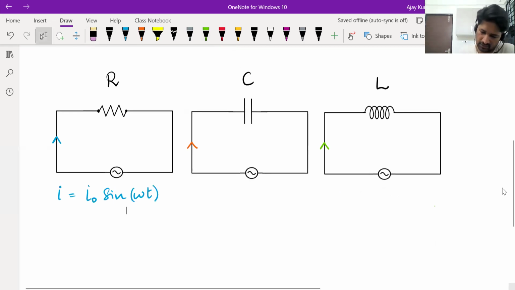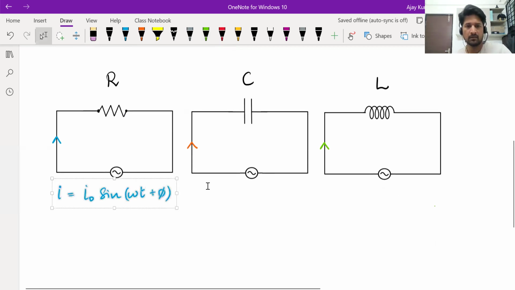Or let's make it more general. Let's add a phase also here: omega t plus phi, some constant phase constant. Same current in the second case, and also in the third case.